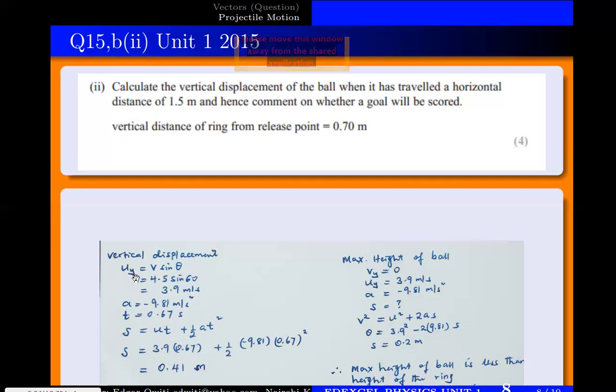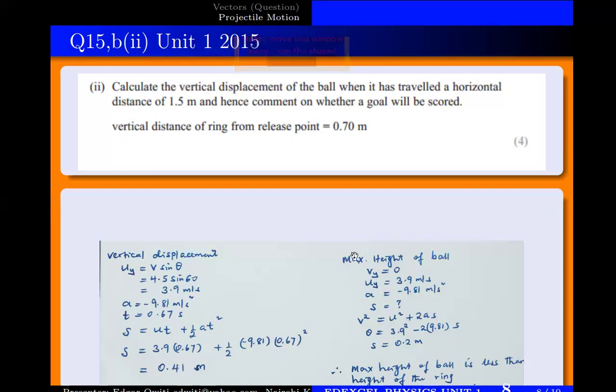And then so you have u, a, t, and you're looking for s. So you have to identify an equation that will give you s, and that is ut plus a half at squared. So when you do the substitutions with all the values that you have obtained, you get a vertical displacement of 0.41 meters.